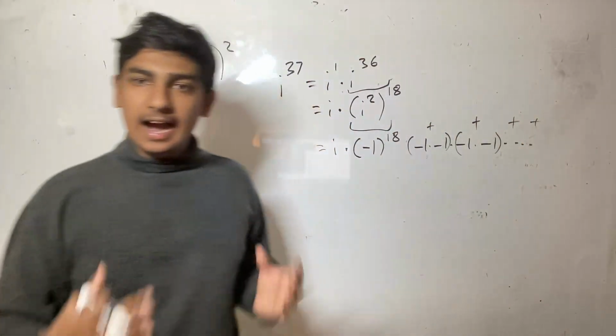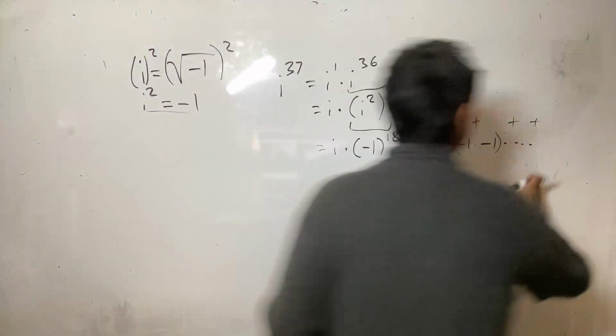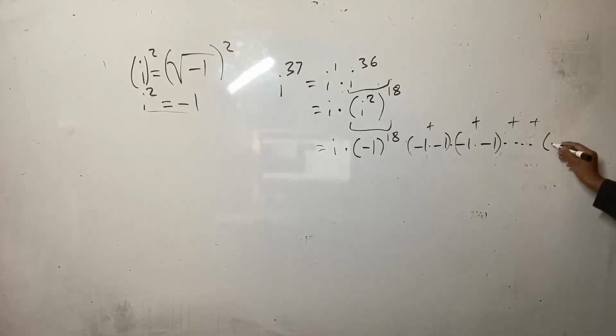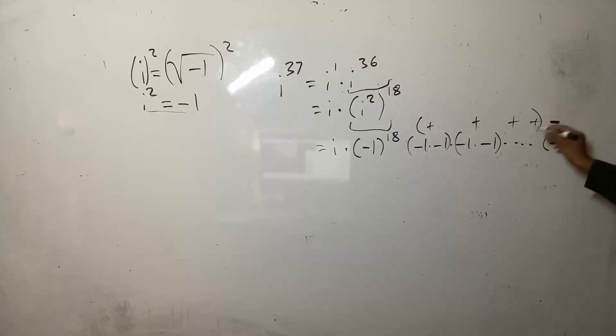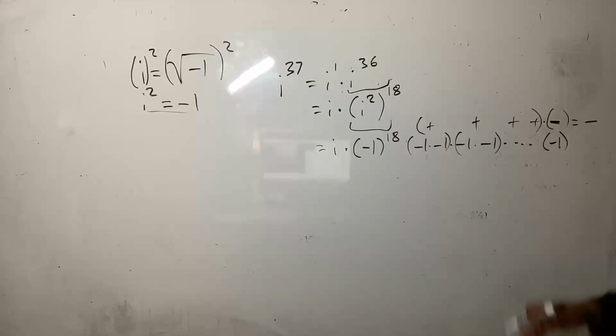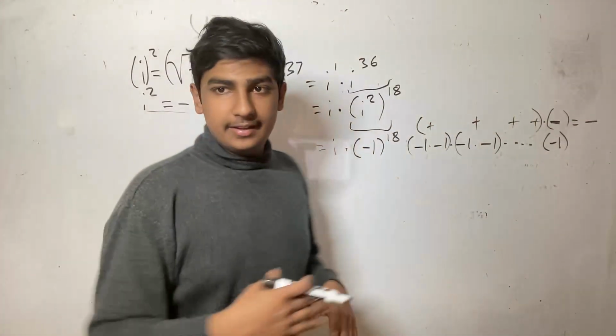If you have an odd exponent, then eventually you'll have an odd one out, and that odd one out will be a negative number. All these positives times one negative will just make the result negative. It'll ruin the entire thing and make it negative.